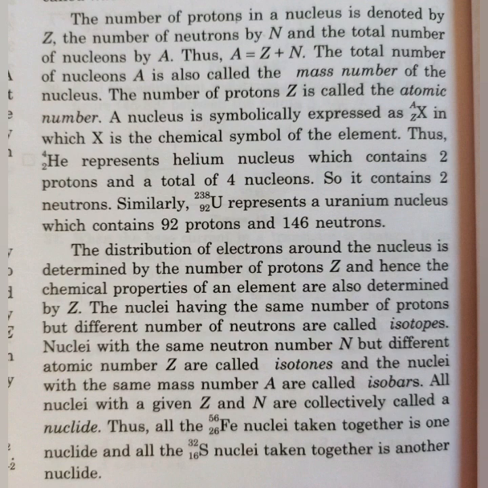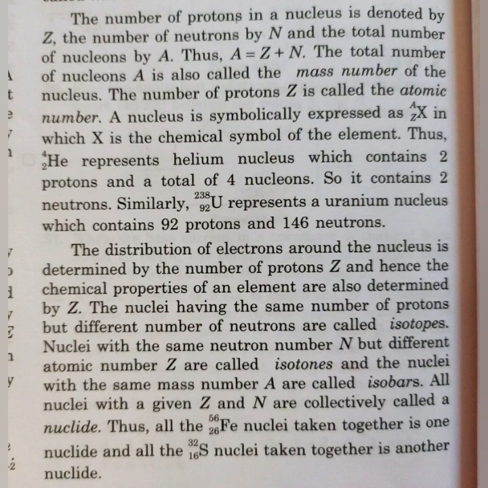Instead, we use letters to denote the formula, as the number of protons is denoted by Z, and the number of neutrons by N. So, when we find the number of nucleons, we write Z plus N, and the total number of nucleons is denoted by A. The total number of nucleons is also called the mass number of the nucleus.